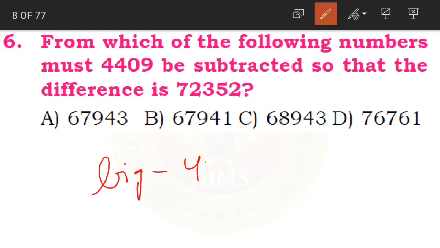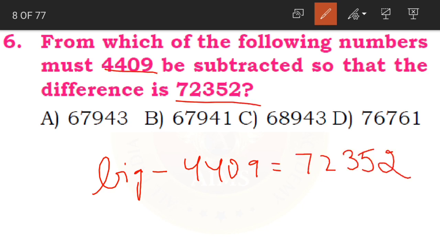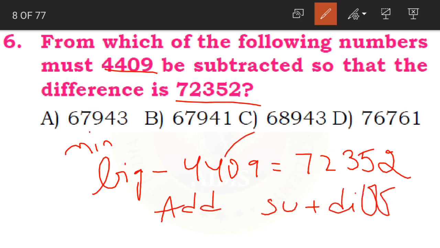We need to find out minus 4409 is equal to 72,352. If you remember, children, from what are we finding here? We are finding out the minuend. For finding out the minuend, what do we do? We add subtrahend and the difference. Yes, we need to add these two numbers to get our minuend.